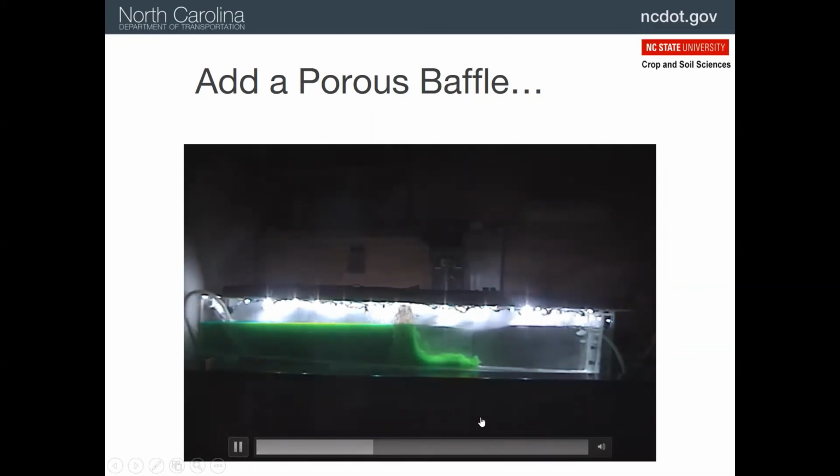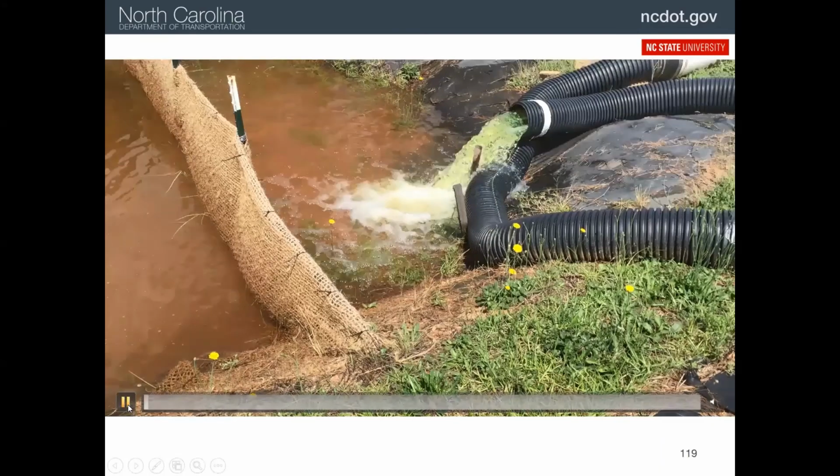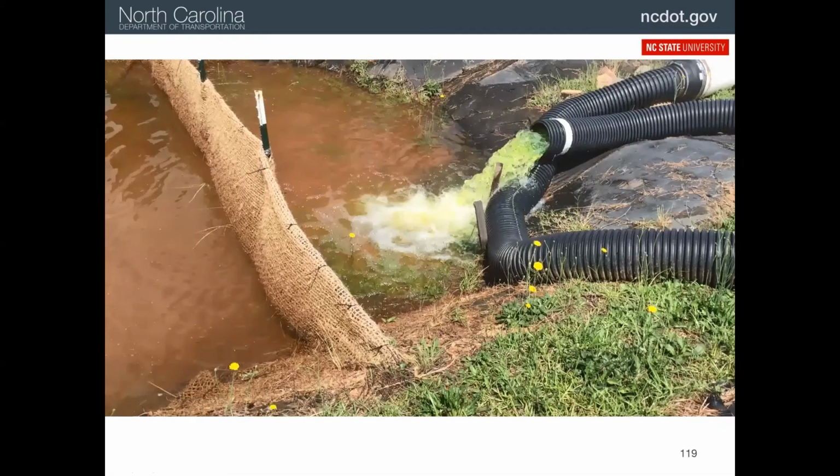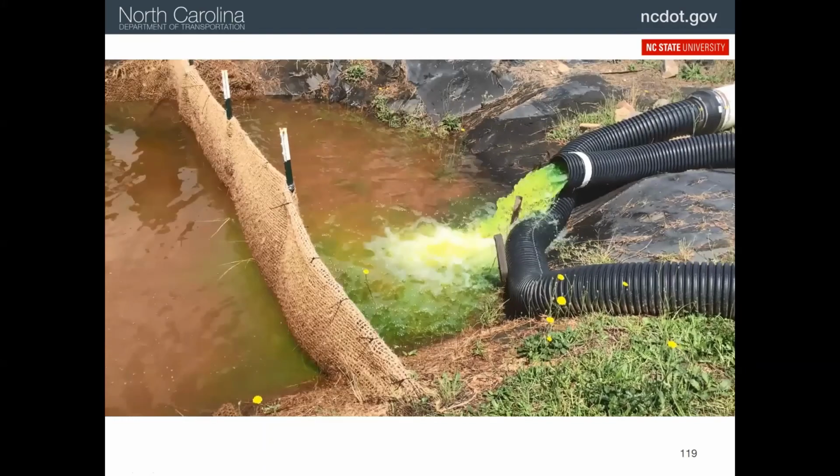We're trying to spread the flow and take out the turbulence. And here's a full-scale shot of that. So again, we're introducing the dye. This would be what you'd see if we were doing it out at our Lake Wheeler field lab, typically.